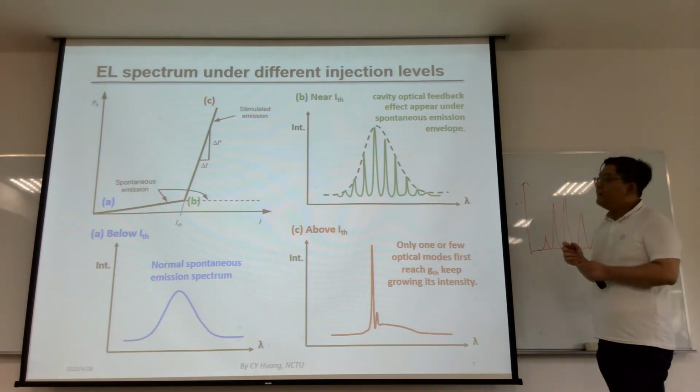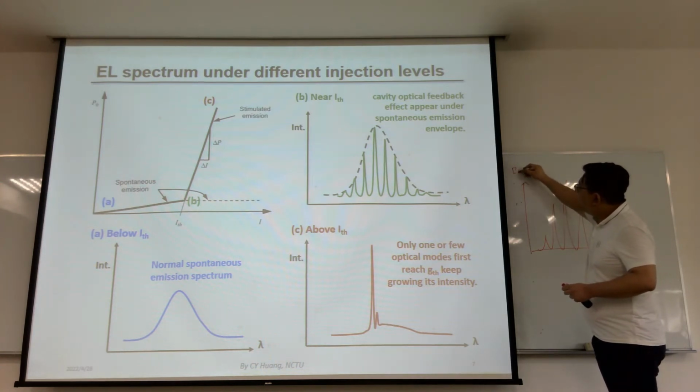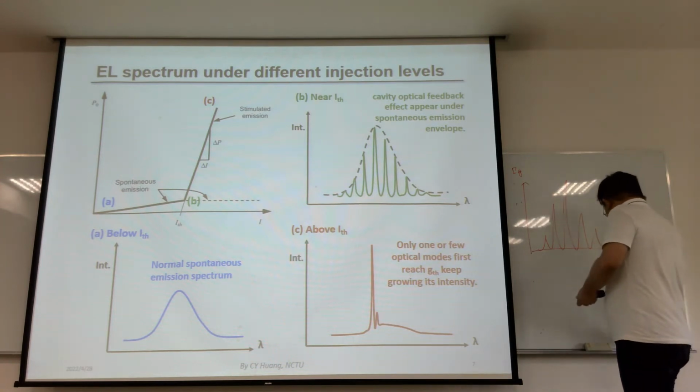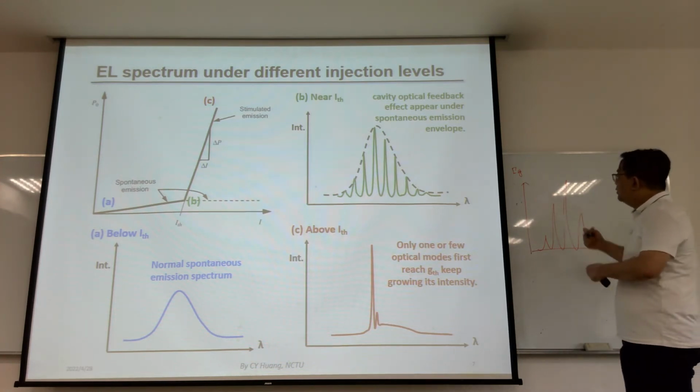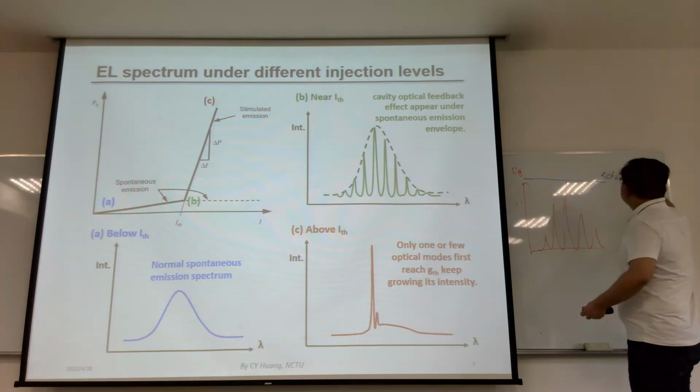Okay, this is what happens. So this is probably the gain G, and this is the lambda. And your loss level is here. This is your alpha i plus alpha m.